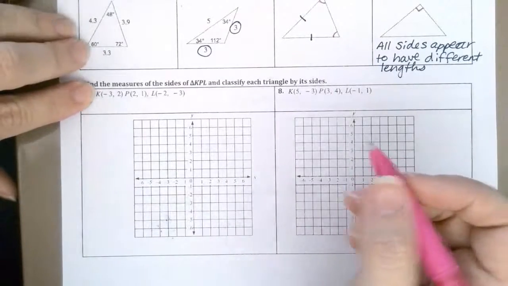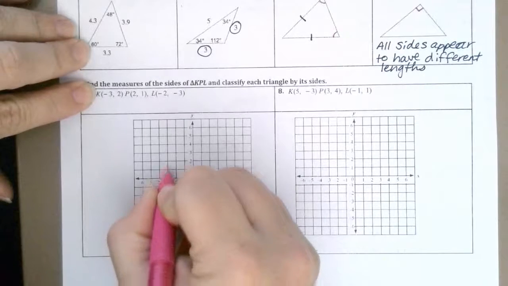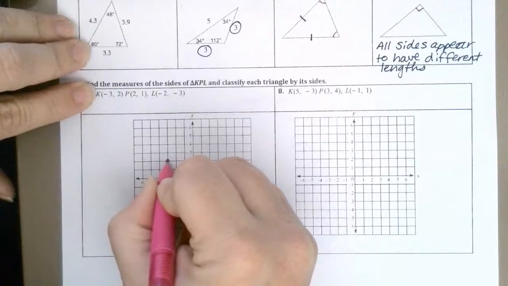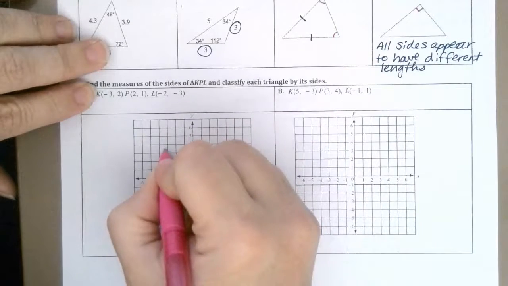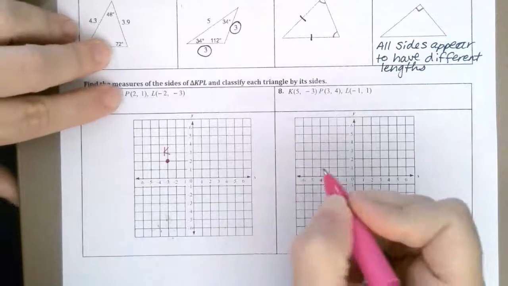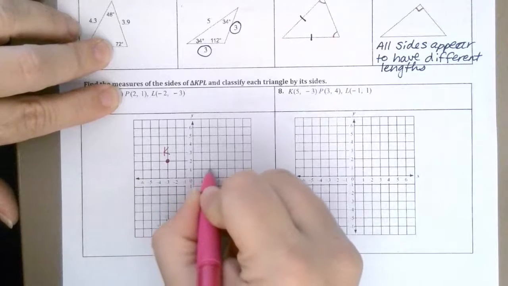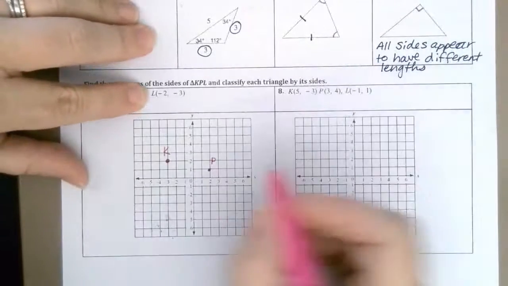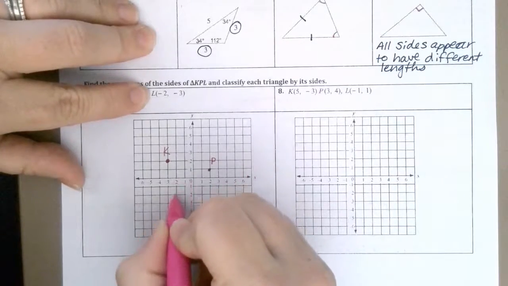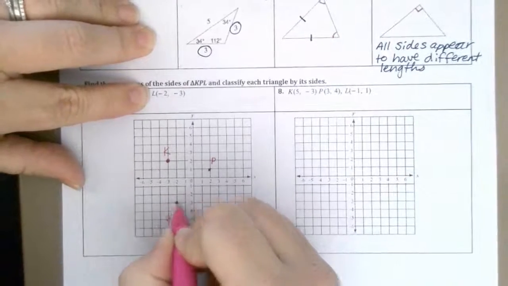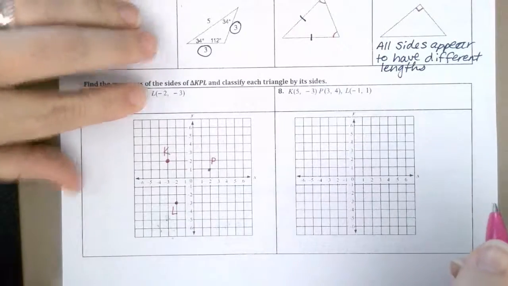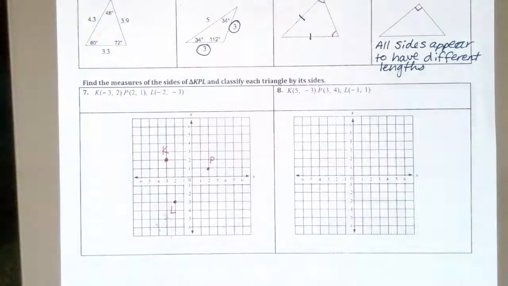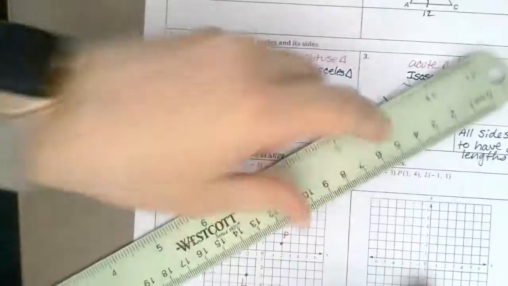So point K is -3, 2. Yes? Point P is 2, 1. And point L is -2, -3. So that right there is my triangle. Let me get a ruler so I can make my triangle nice and straight.